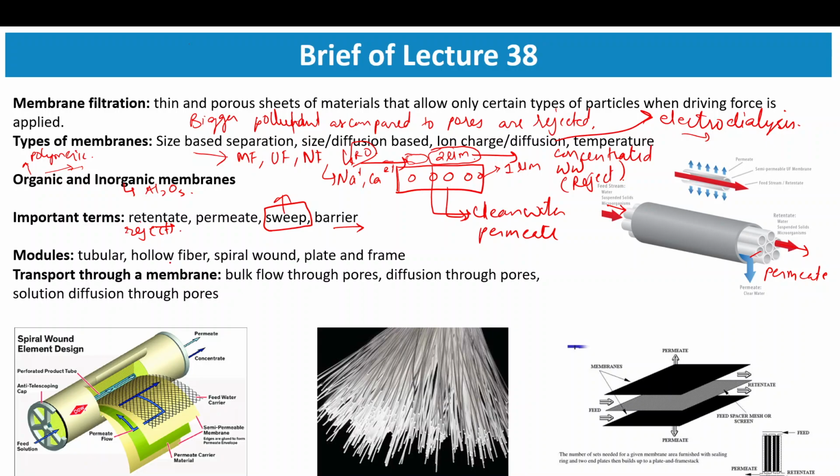Next is the hollow fiber membrane. This is the image of a hollow fiber membrane, and you can see the diameter of this cylindrical membrane is very thin. They are similar packings, but here the diameter is big and here the diameter will be very small, so you can have low flux of water.